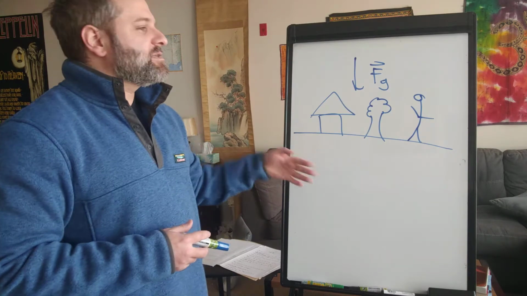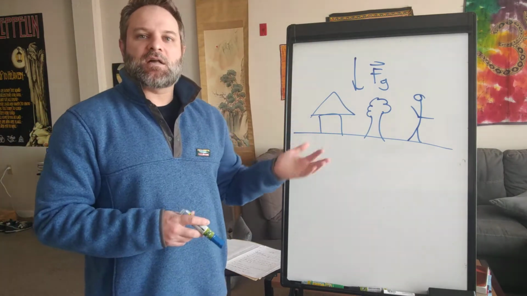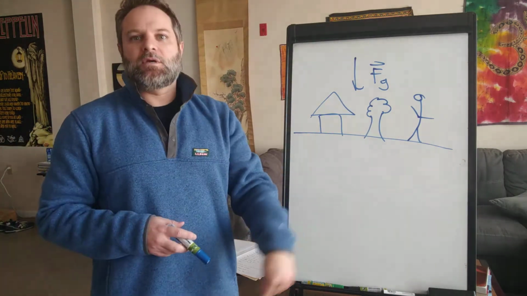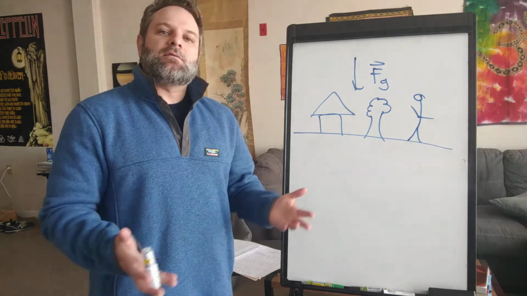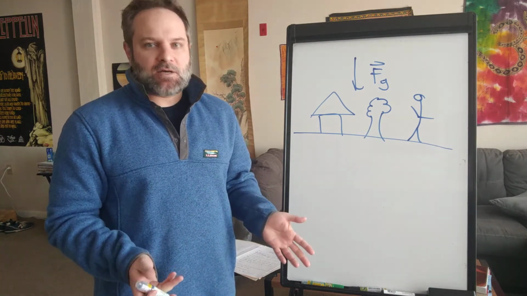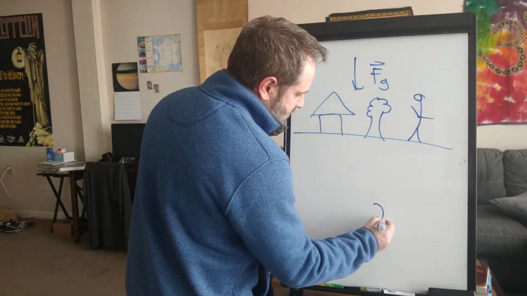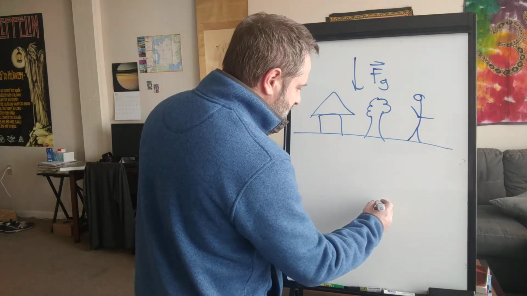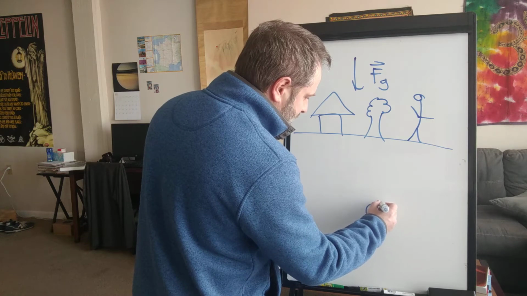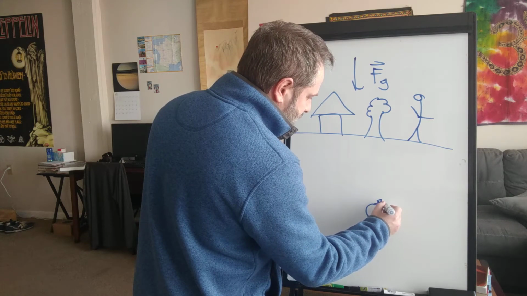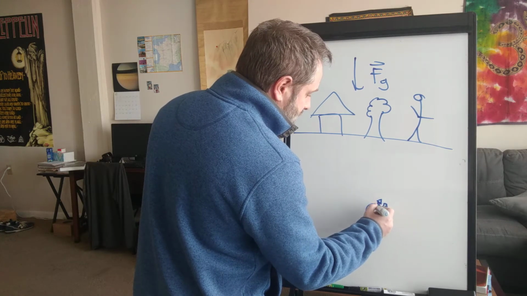But this simplification, that gravity is a constant force that always points directly down towards our feet, is of course not entirely correct. If we zoom way out, and of course I'm not going to be drawing this to scale, but here's our little house, here's a little tree, here's us.